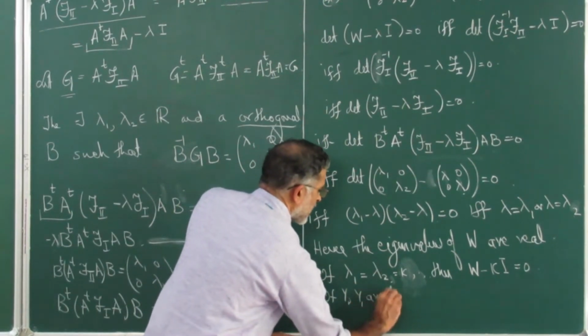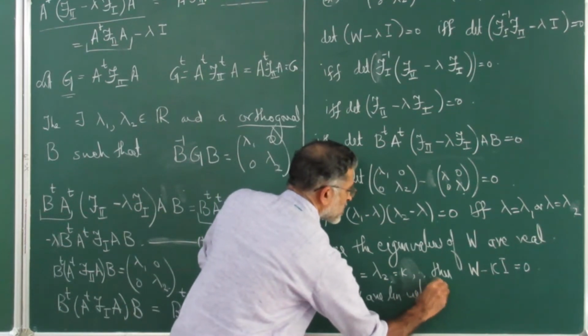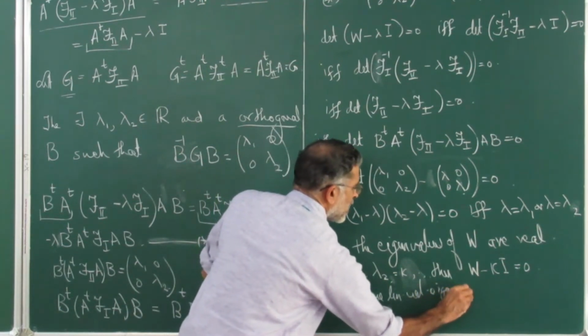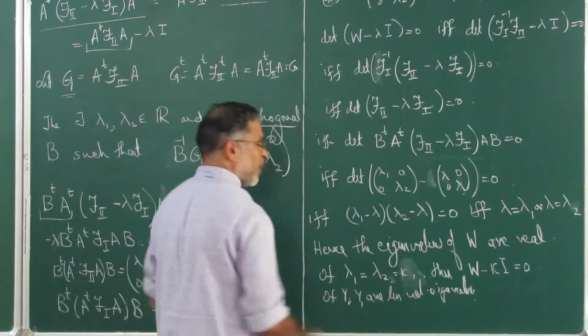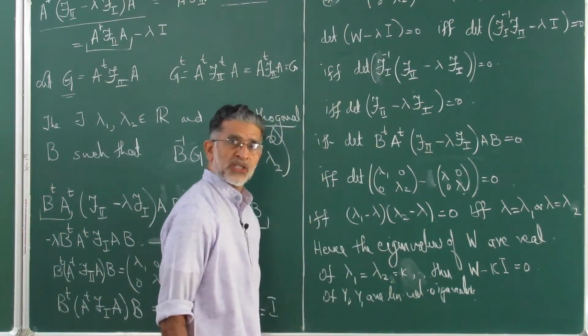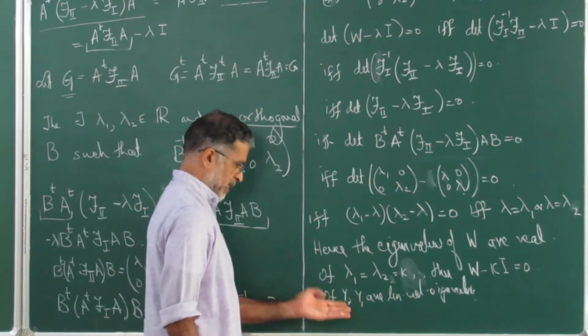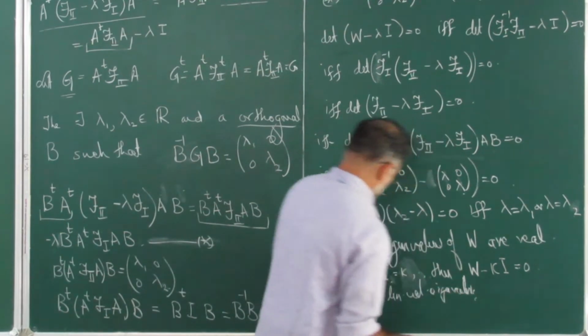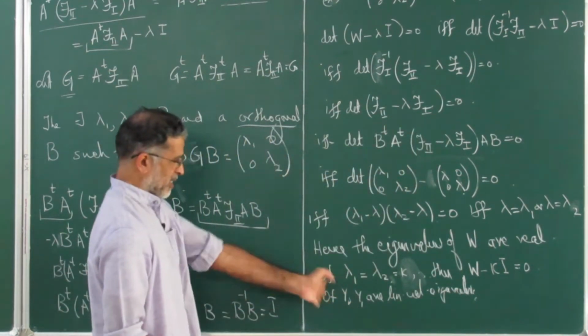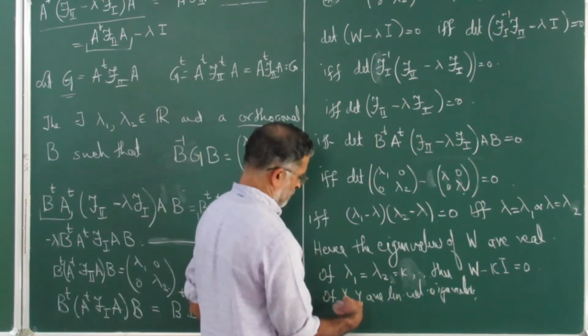If there are two eigenvalues, you will get eigenvectors in two directions. But if both eigenvalues are the same, then which direction is irrelevant, because everything is going to be an eigenvector. So that's what we are saying.